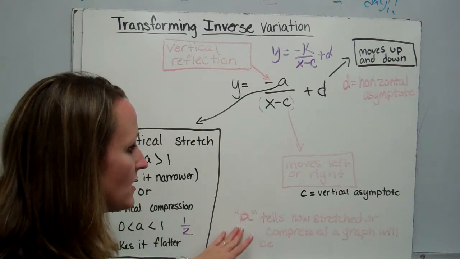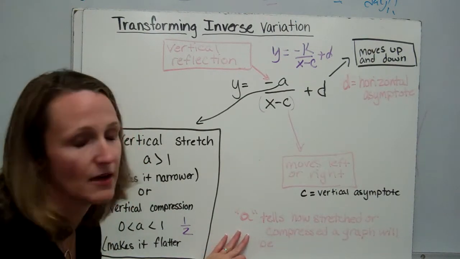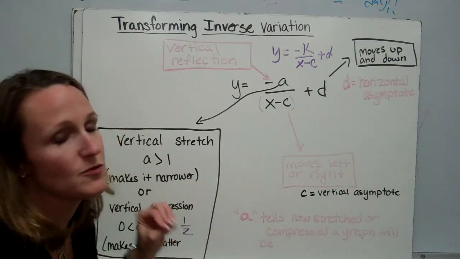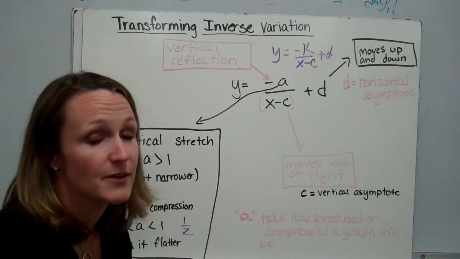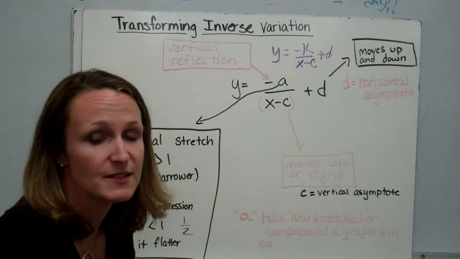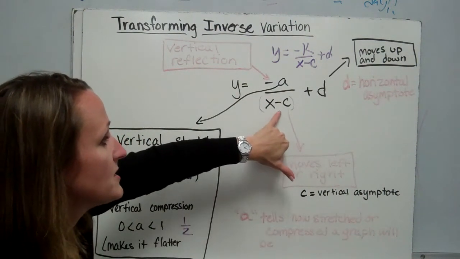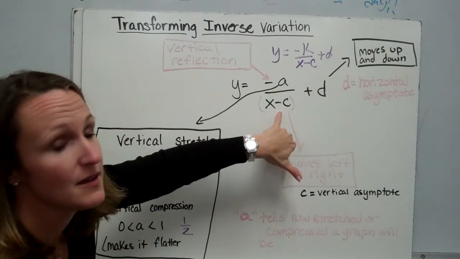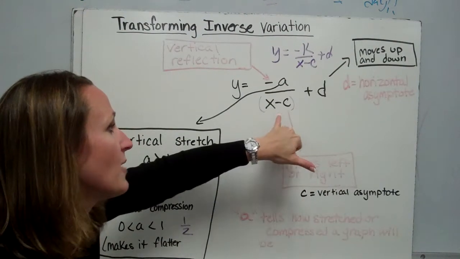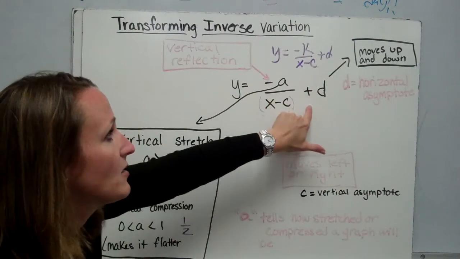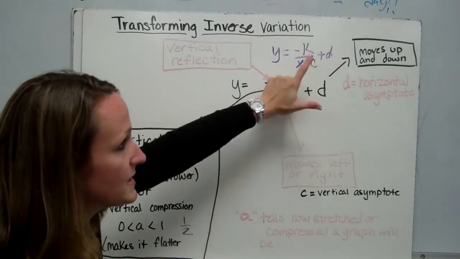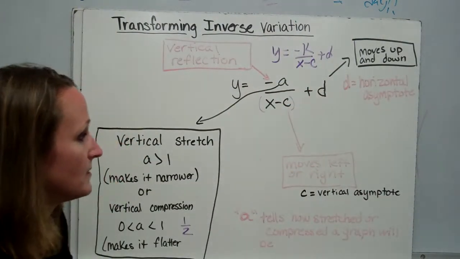A just tells you how stretched or compressed the graph is going to be. So the rules for transforming an inverse variation function are the same as they are for everything, except instead of being in parentheses, it's on the bottom to tell you if it goes left or right. And again, negative is going to mean it goes right, whereas positive goes left. On the outside tells you up or down, and plus means up, negative means down.